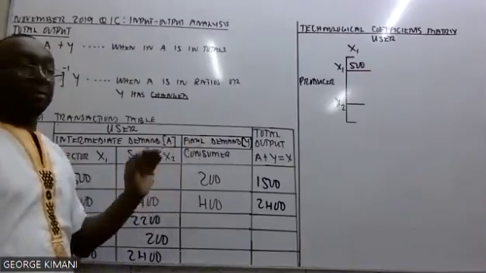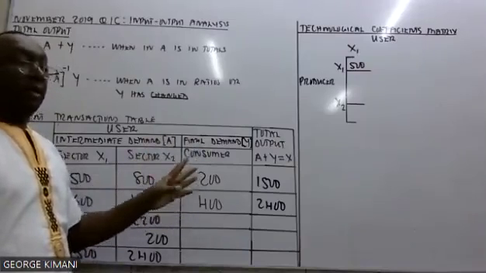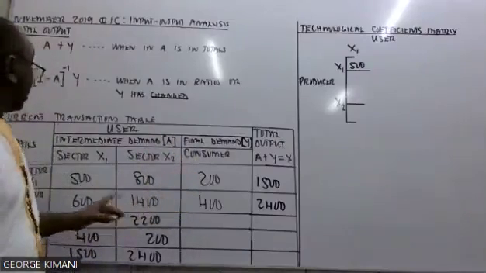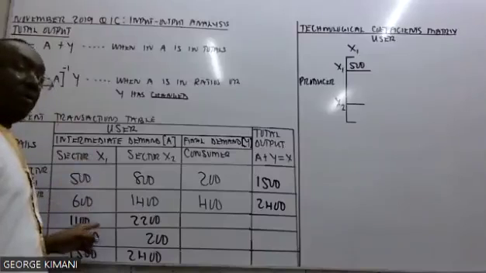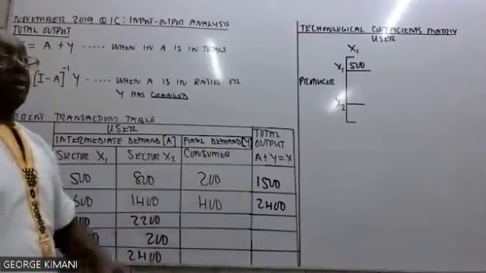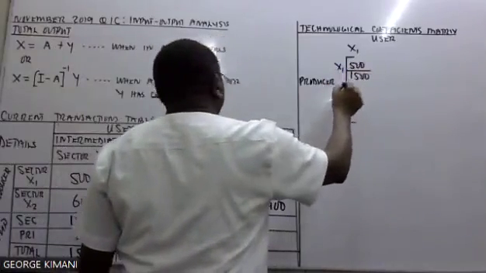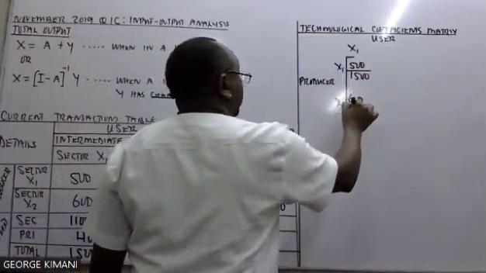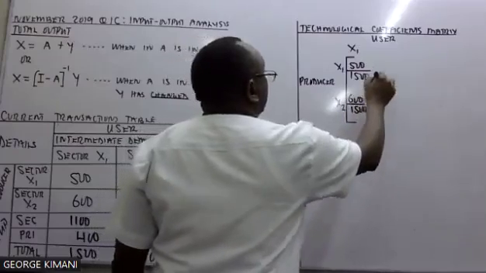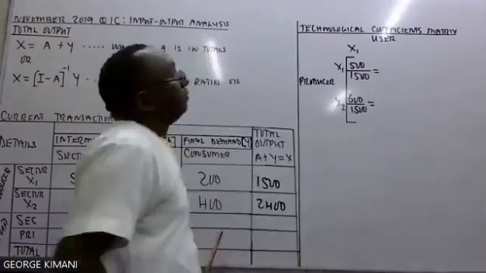I think that is good enough to grab. This is column 1, you use the total of row 1, so we shall divide by 1500. And for this other one, 600, we divide by what? 1500. So take a calculator and give me this figure.